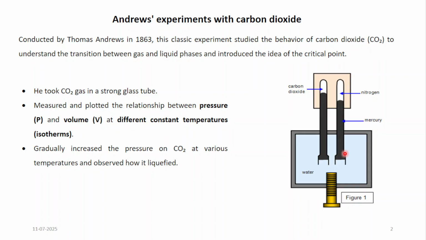This column is filled with nitrogen, and you can see mercury in both the columns, and this is used to measure the pressure.